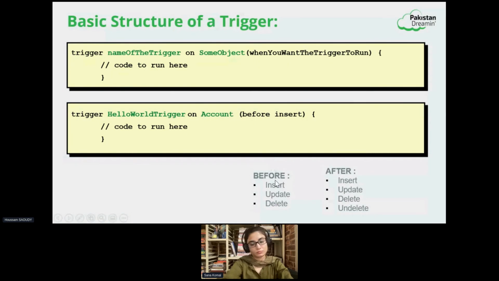And below you can find a lot of actions. For example, if you want to execute your triggers before insert, update, delete, you can do that. And you can also execute your trigger after an action, for example, after insert, after update, after delete, and also after undelete.